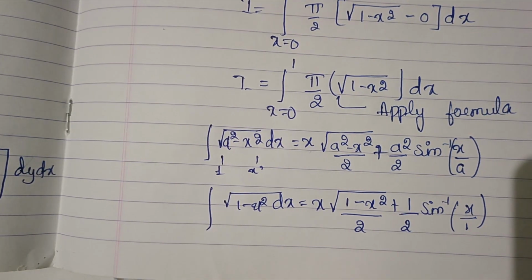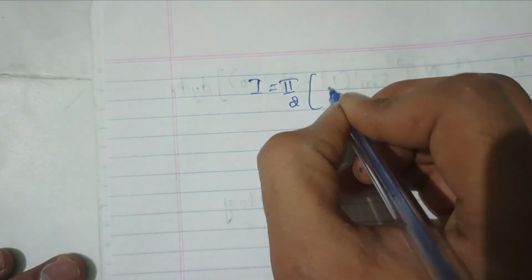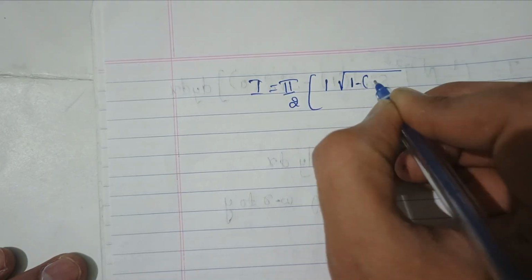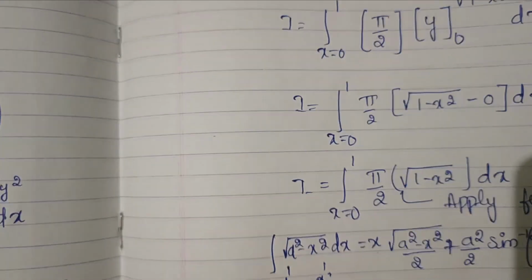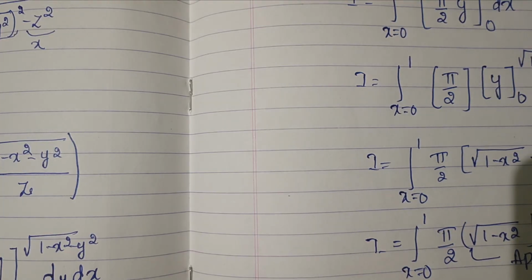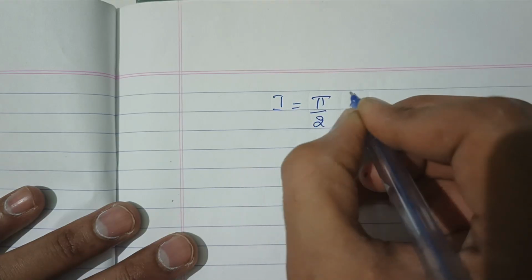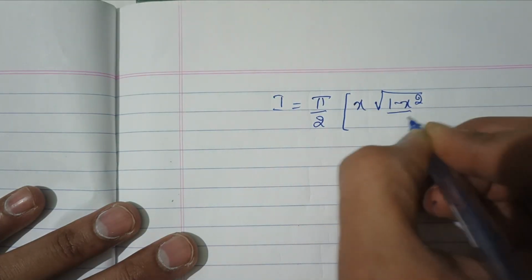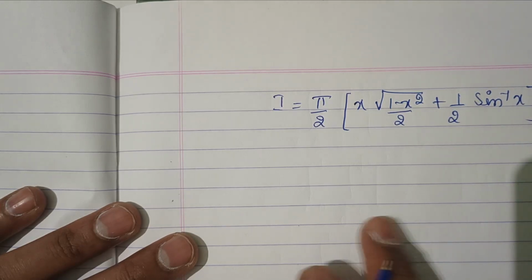Let's see. Next, after getting that one, we have I is equal to pi by 2 of that expression.